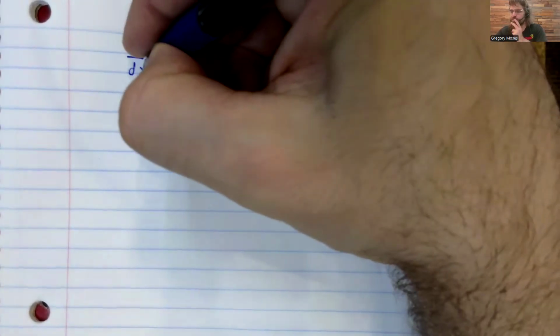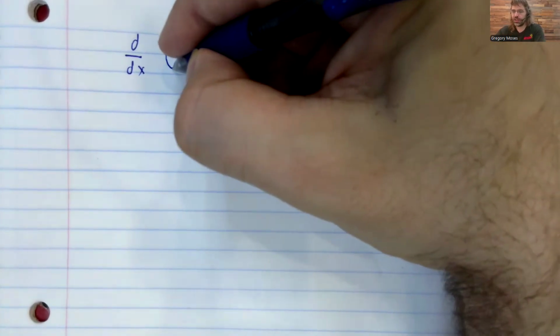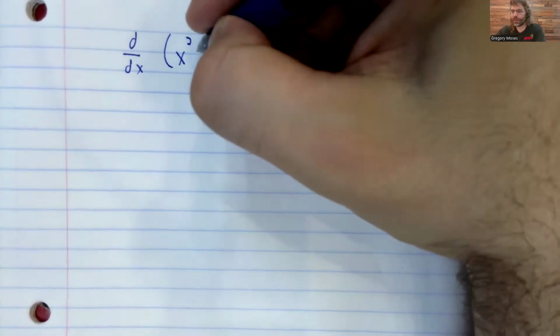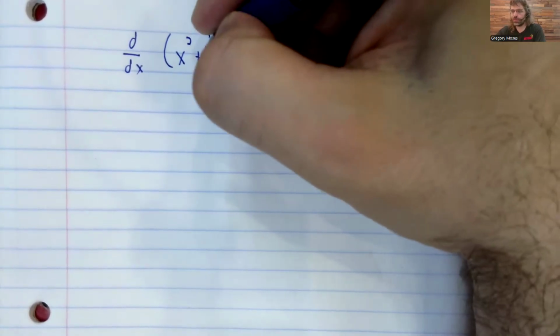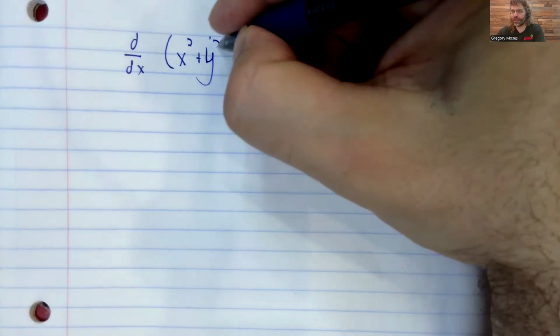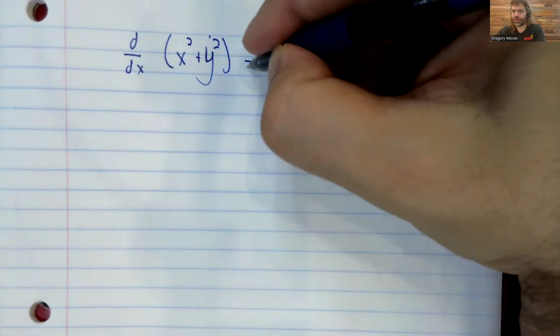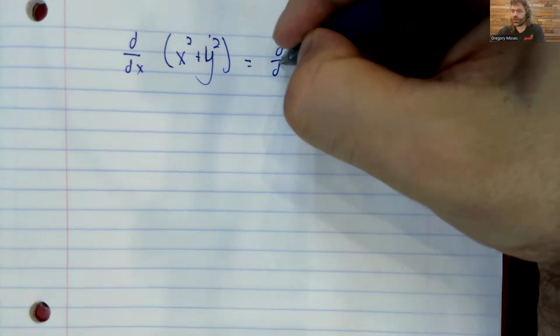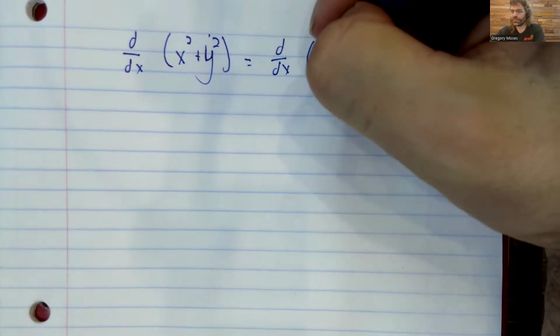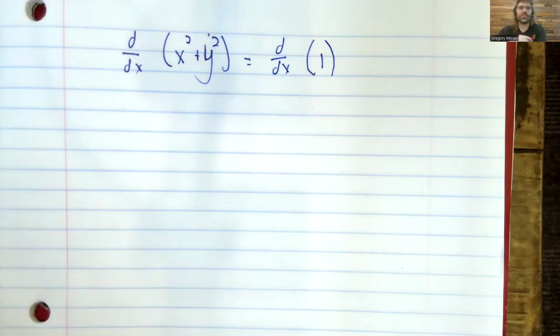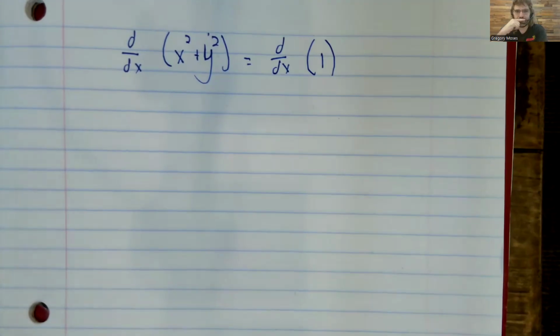So I'm going to take both sides of the equality, the x squared plus y squared, and the 1, and I'm going to differentiate both sides.